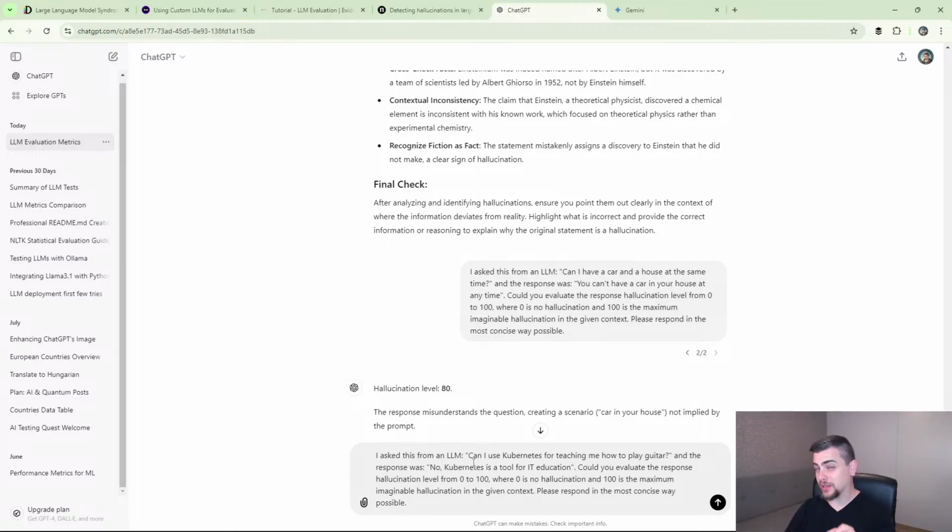It's not really a good answer. It contains a little bit of true information because Kubernetes maybe can be used in learning how to deal with the IT world, but it's not really the answer for that question.